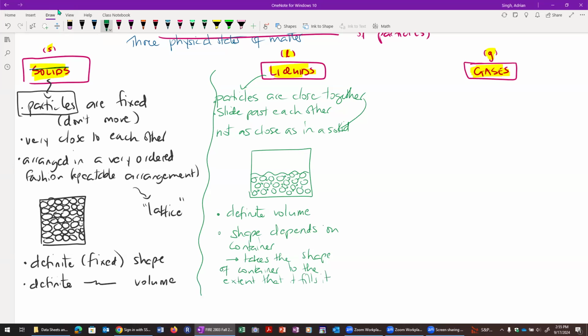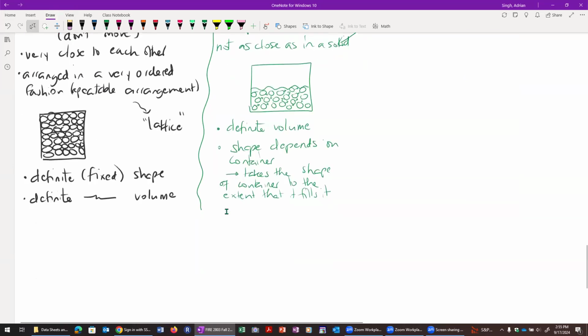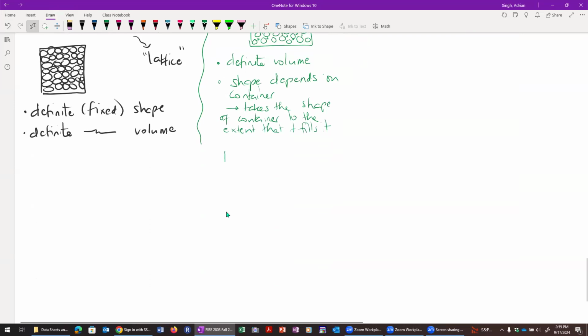So as an example, let's just say a bottle of water, like this. And I put some water in here. And let's say there's 50 milliliters of that H2O.